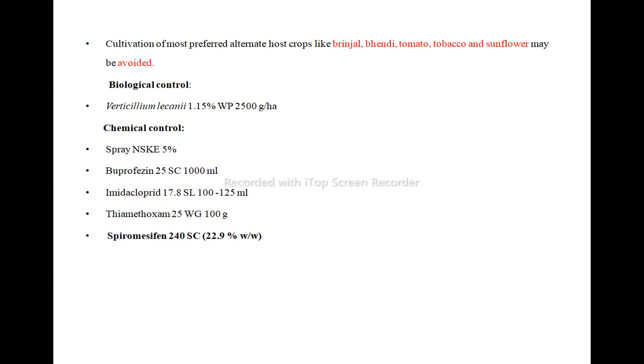We are using this insecticide, pyriproxyfen. It is basically from the group of juvenile hormone analogues, and it comes under the name Oberon. And how is this insecticide effective to control the whitefly? This Oberon inhibits lipid biosynthesis in the insect system.